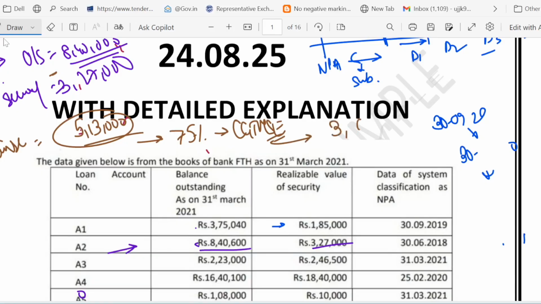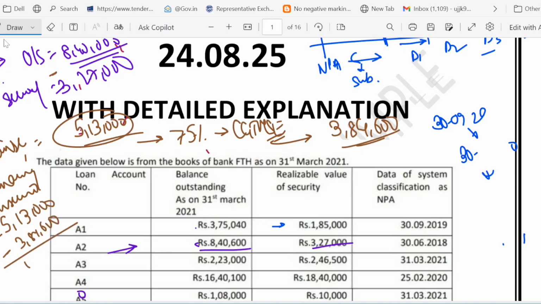So 3,84,600 is 75%. Right. So now how much is the remaining unsecured? Remaining unsecured is 5,13,000 minus 3,84,600. That would be 1,28,400. Right. So this is the unsecured portion.